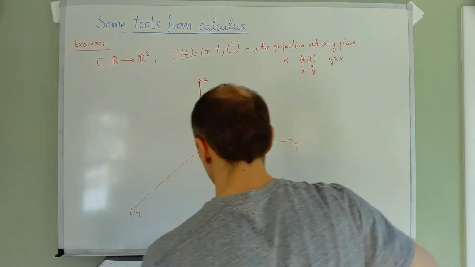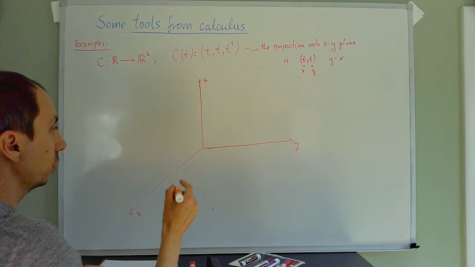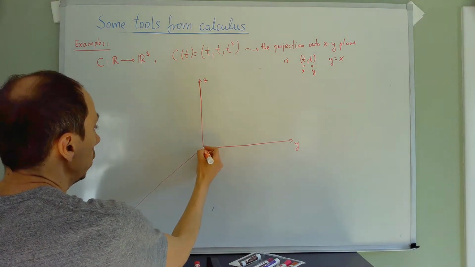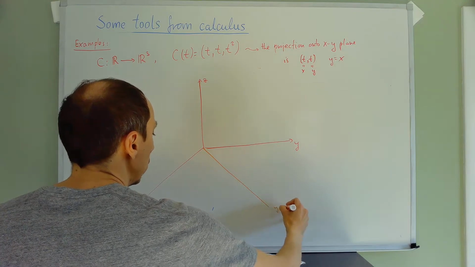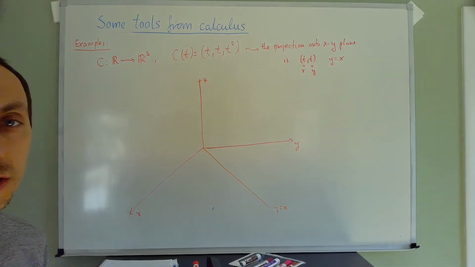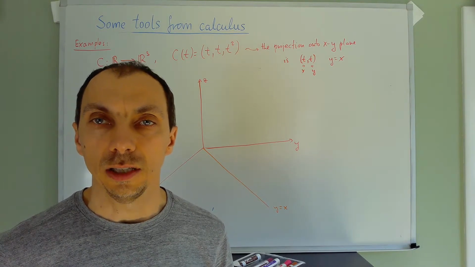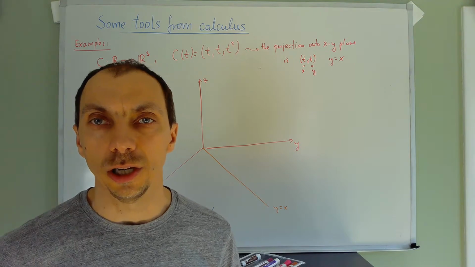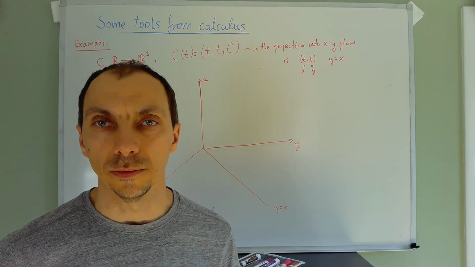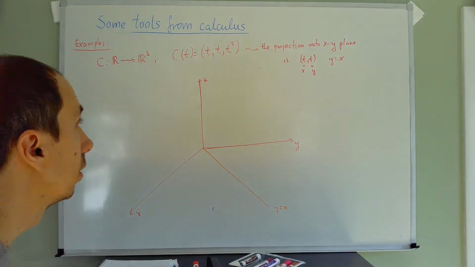So that is x and this is y, so that's the line y equals x. Here in orange I'm going to draw a shadow of this curve down here. It's a line like this. This is the line y equals x. This is not the graph of this curve, this is just a shadow of it in the xy plane. If you imagine the sun shining directly vertically in the z direction, this will be the shadow of the curve.